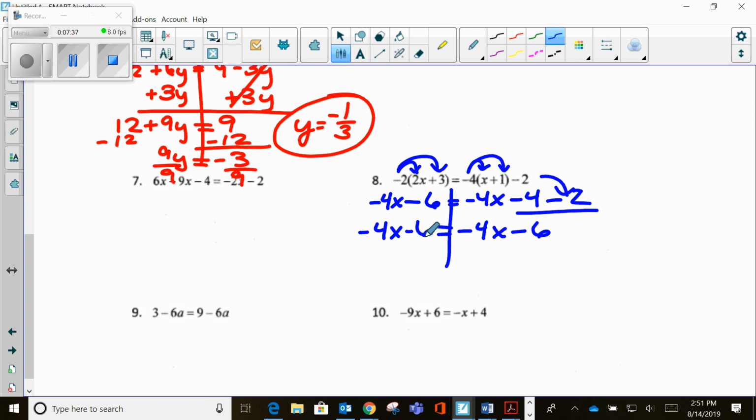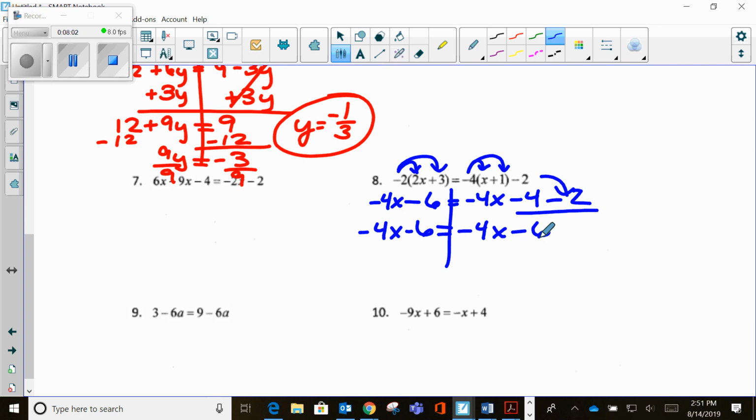Now, this is a special case. This is a special kind of problem because you notice that it is negative 4x minus 6 on the left, and it's a negative 4x minus 6 on the right. It's the same thing on both sides, which means it's always going to be equal.